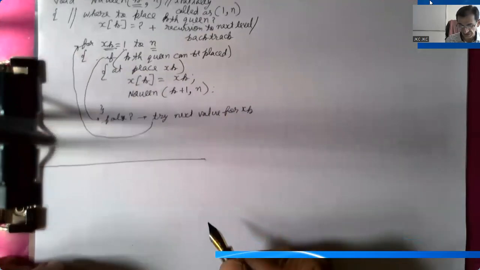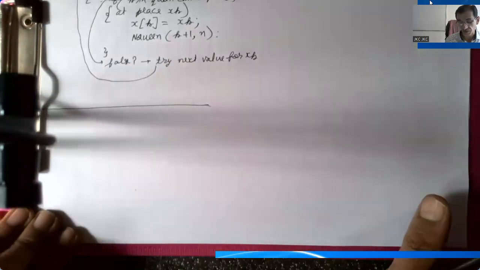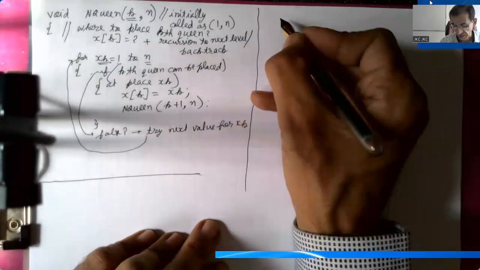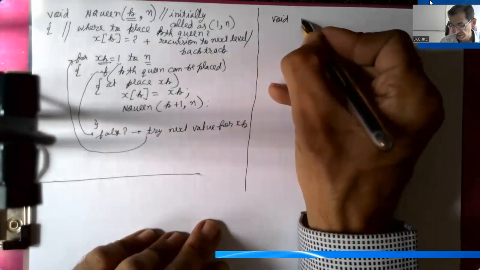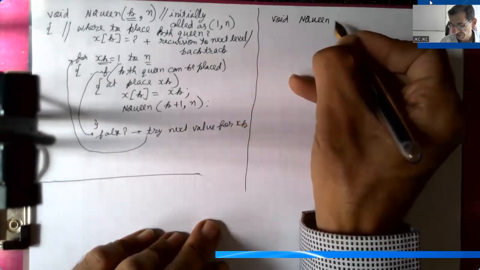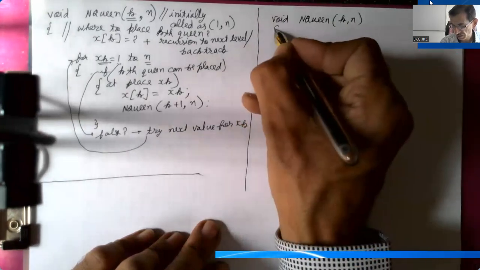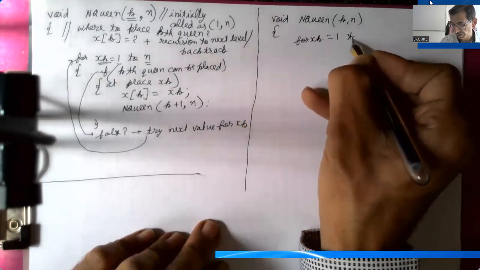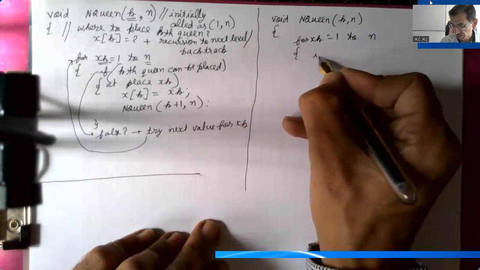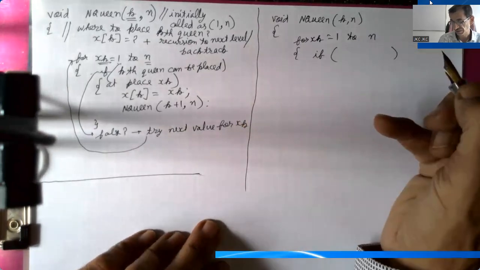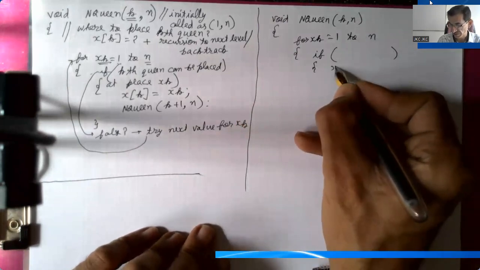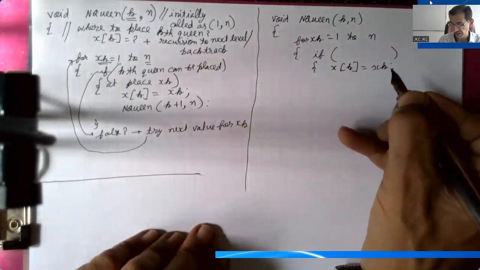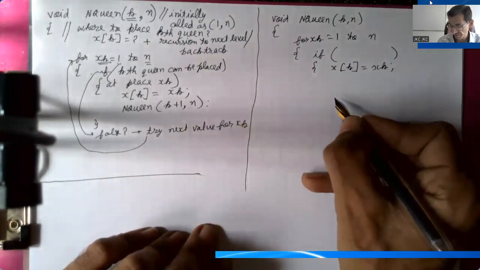So if I put my code in a better manner, I will now write it in a more formal manner so I have this code easily ready. I can start by saying for xk equal to 1 to n, if it is acceptable, then I accept xk equal to this particular variable which I attempted, and then recursively go further.